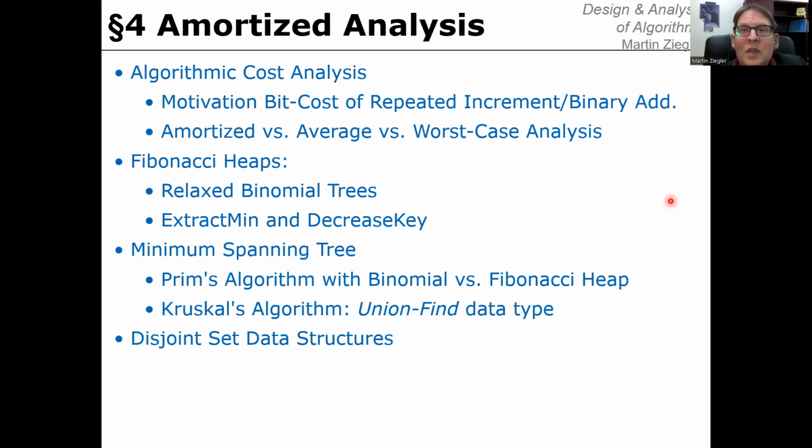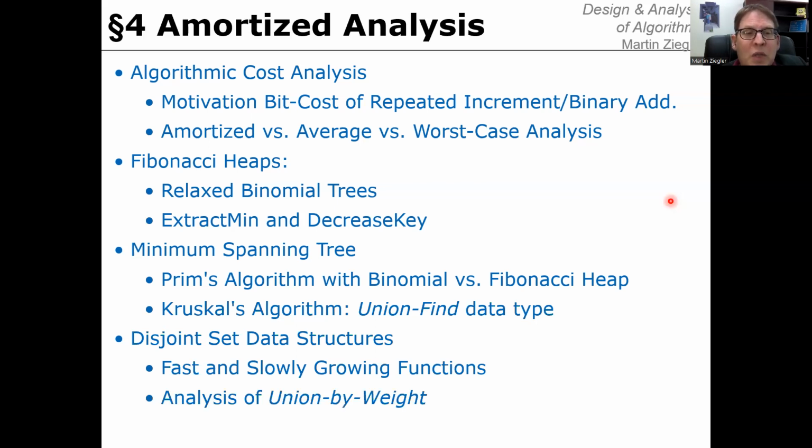So I'm going to tell you what a disjoint set data type is and what operations it supports. We talk about fast and slowly growing functions, because then we're going to analyze a different implementation of a disjoint set data structure and see that their amortized cost is a very slowly growing function.